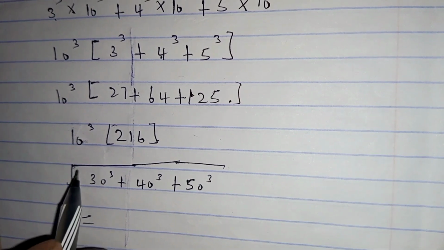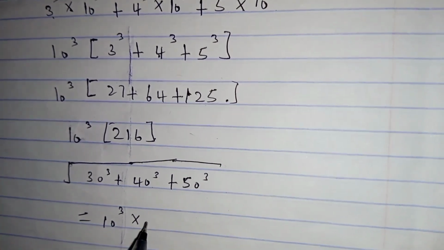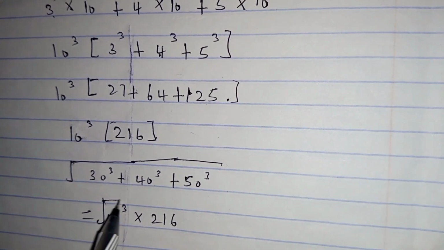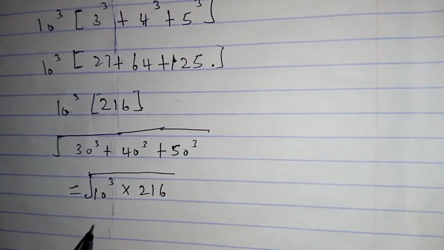Whatever is inside the square root has reduced to 10 cubed multiplied by 216. We obtain the square root of that.